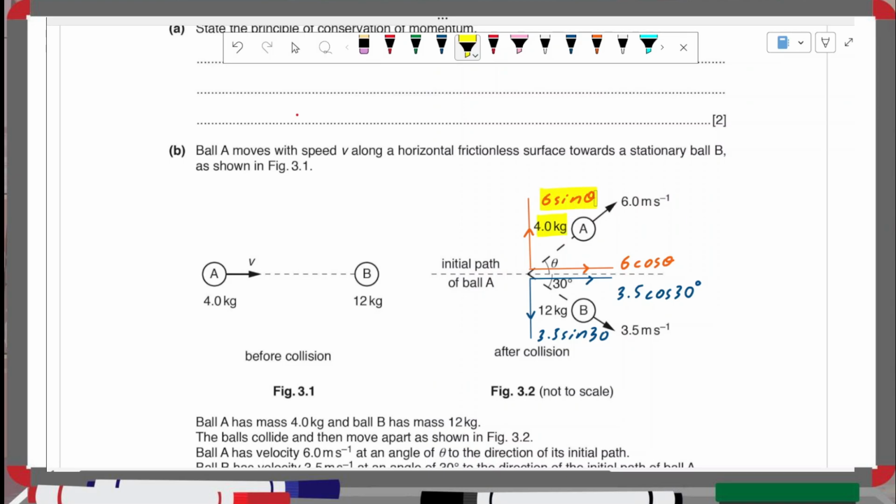This is a mass, this is a velocity. This is a mass, and this is a velocity. So what is the momentum of A after the collision along the y-axis? 4 times 6 sine theta.